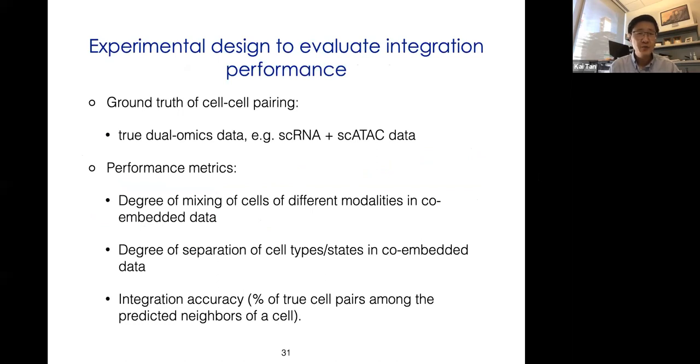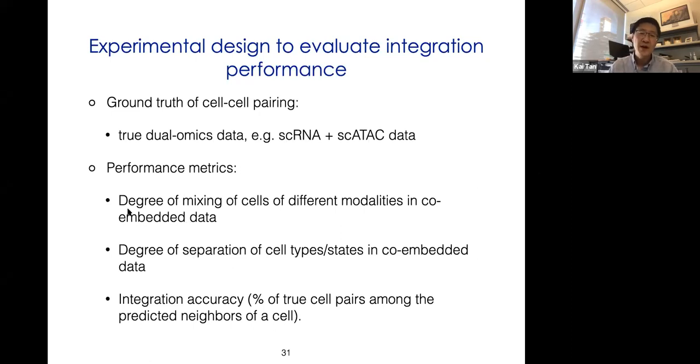First of all, we need to define the ground truth for the cell-cell pairing from different modalities. In this exercise, we took advantage of true dual omics data sets, such as dual omics data that measures both RNA and ATAC in the same single cell. And then you need the performance metrics, right? So we consider three types of metrics.